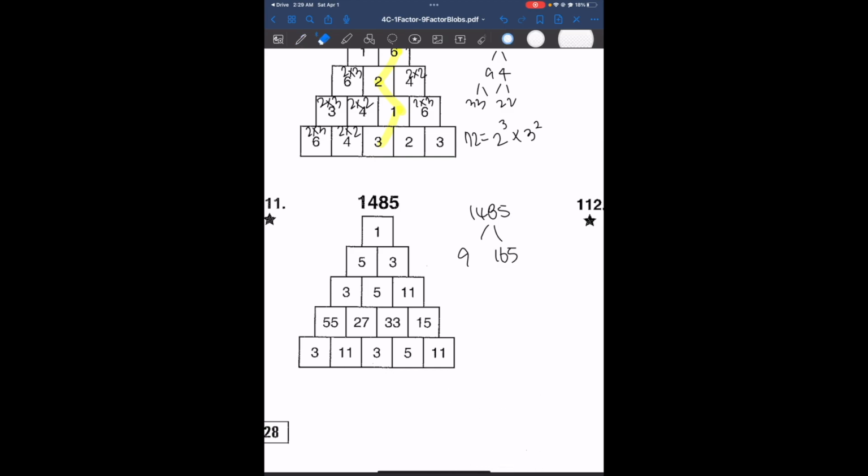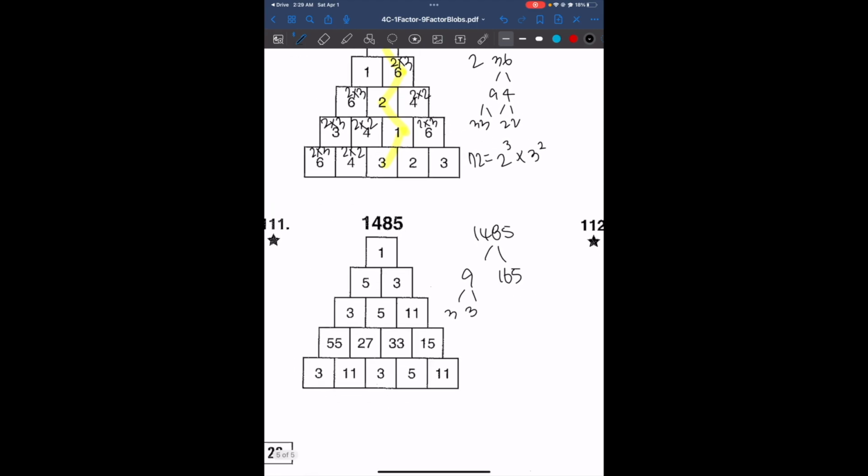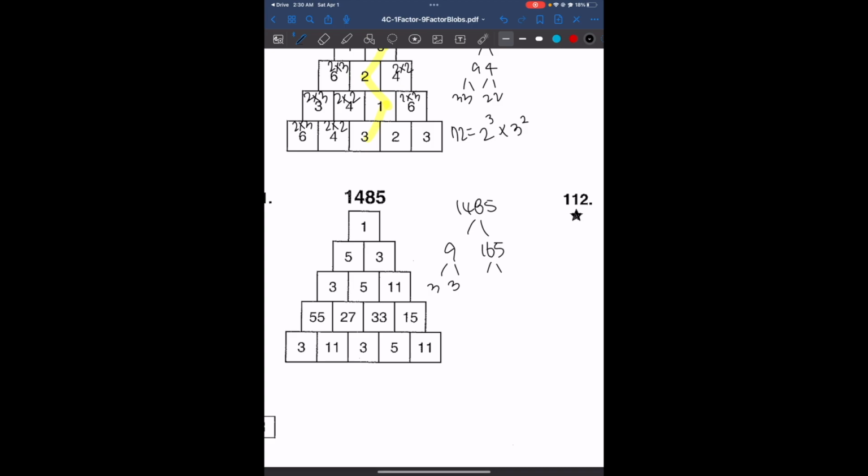And then 9 can be further divided into 3 and 3. 165 ends with a 5, so we know it's divisible by 5, and that would give us 33. 33 can be further divided into 3 times 11.